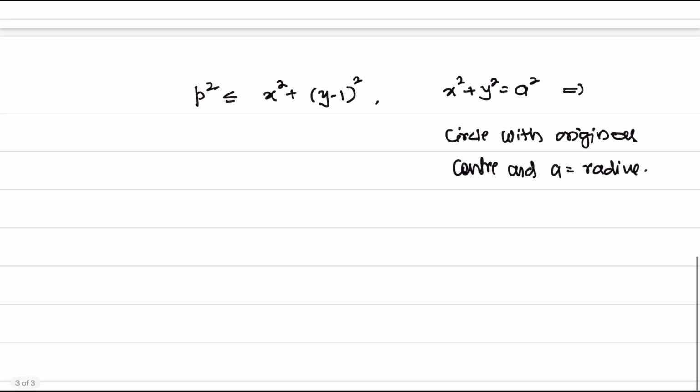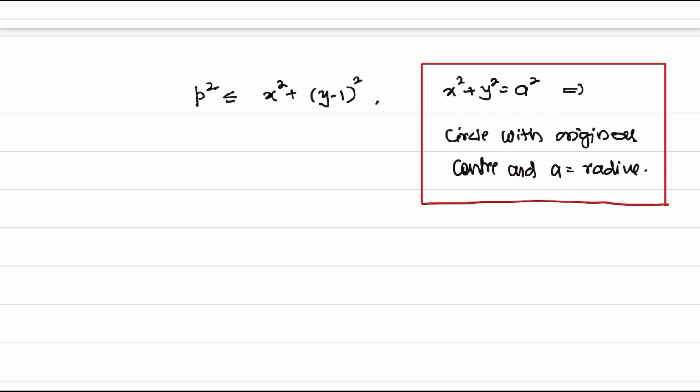This you should know, you might be knowing from your secondary school mathematics. X square plus y square is equal to a square denotes a circle with origin as center and a as radius.